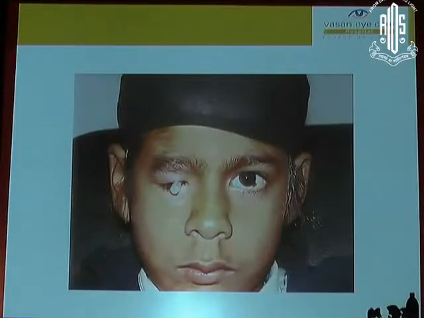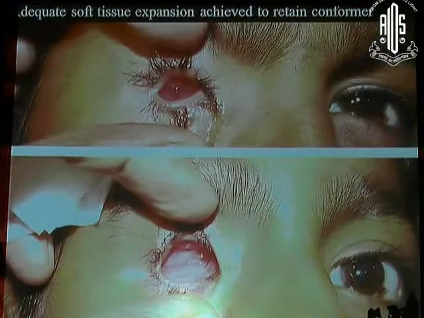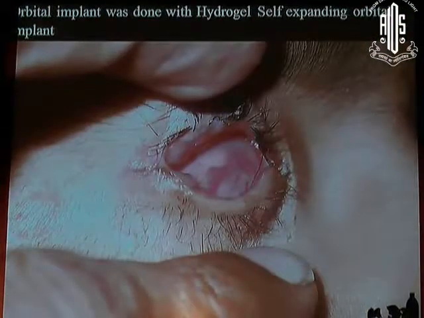We started with socket expansion as in our first case. We were able to make adequate fornices to retain a conformer. However, at that point of time, the referring surgeon decided to do a self-expansile implant. And that self-expansile implant was put through first and the conjunctiva was sutured over it, which should not have been done.